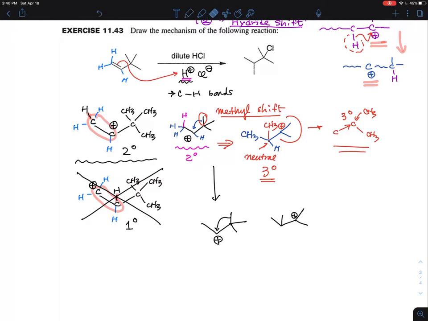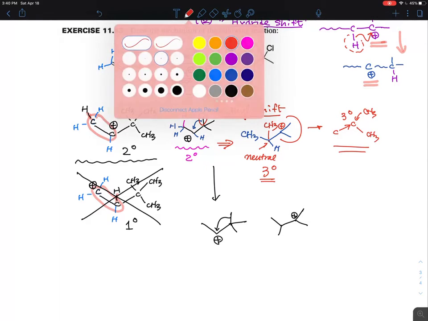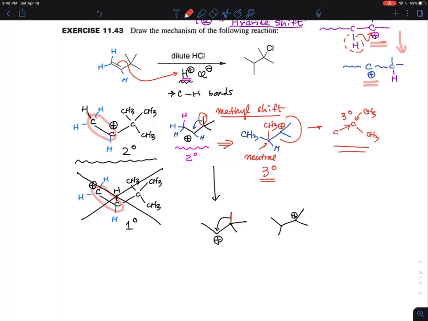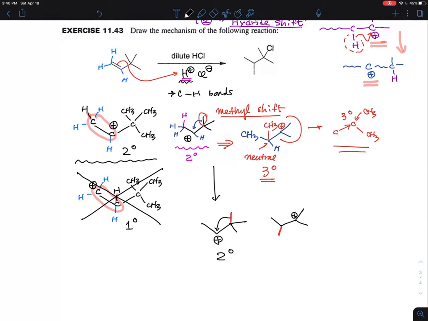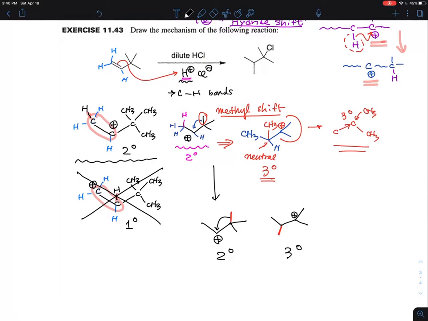And instead of putting it here, just for easiness, they can form the new bonding on this side. So the new methyl group that used to be here now shows up here, and by doing so, the nature of the carbocation was changed from secondary to tertiary carbon.